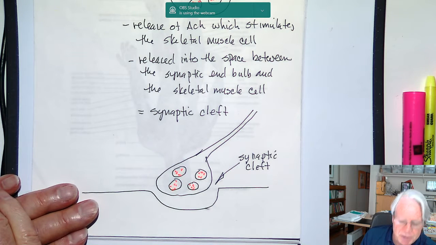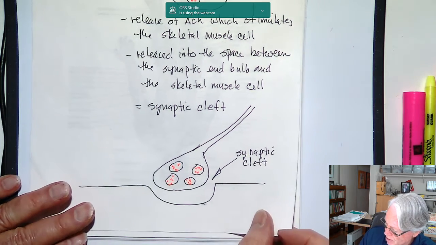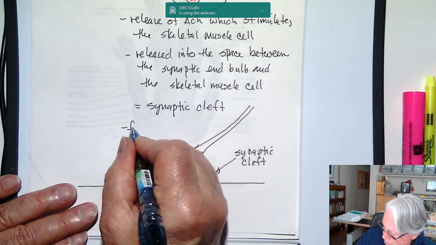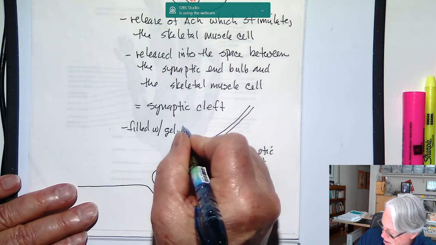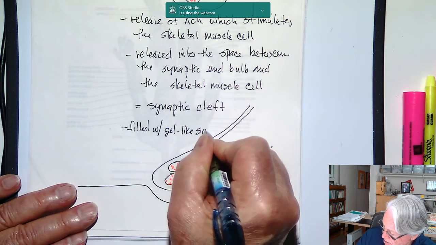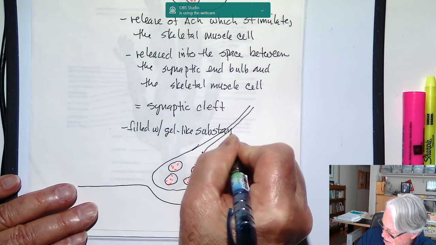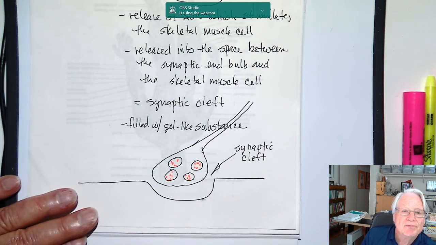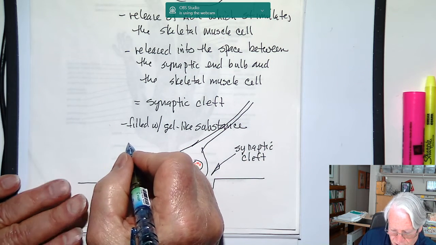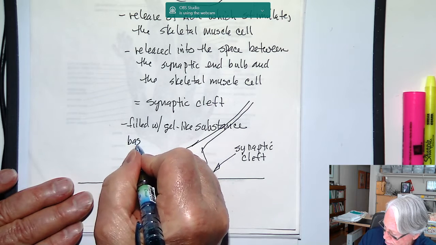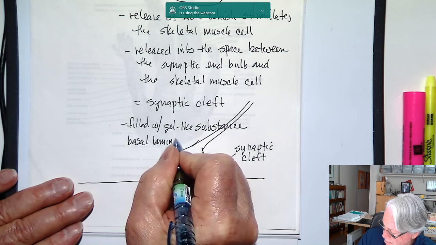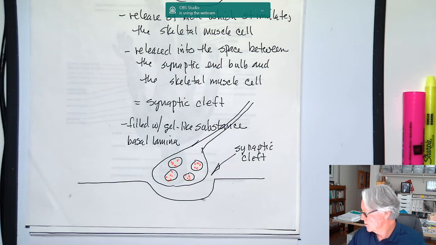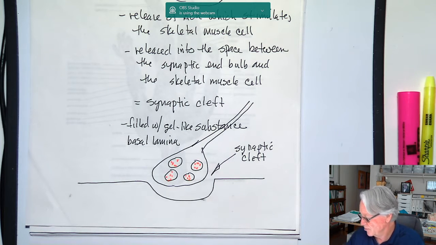And that gel-like substance is referred to as the basal lamina. Okay. So let's go ahead and show us that.